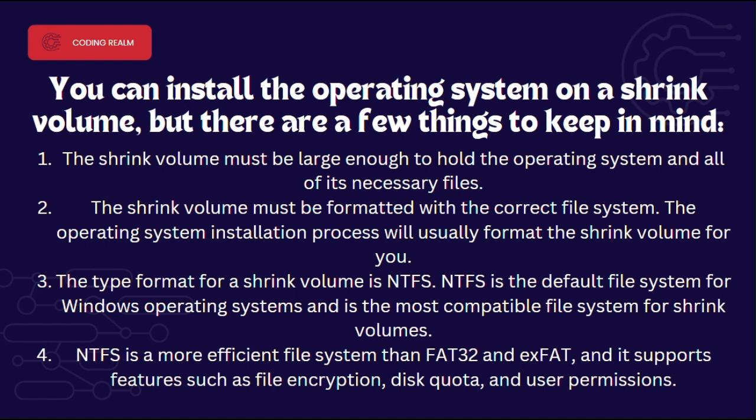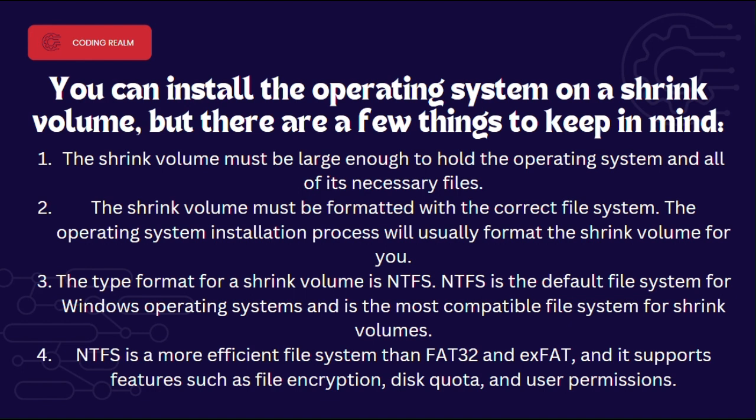The NTFS is the default file system for the Windows operating system and is the most compatible file system for a shrink volume. The NTFS is a more efficient file system than FAT32 and exFAT, and it supports features such as file and disk encryption and user permissions.